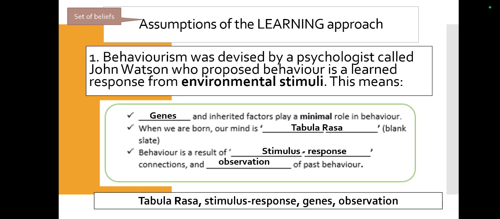So our experiences of this world have forced us into learning how to respond in those situations. It might be things that we didn't want to learn, for example, fears and phobias. They're things that you have learned from a stimulus response interaction, but you can't shake them off. They are ingrained into you. You have learned them from your interaction with the environment around you. So that's our first key assumption.